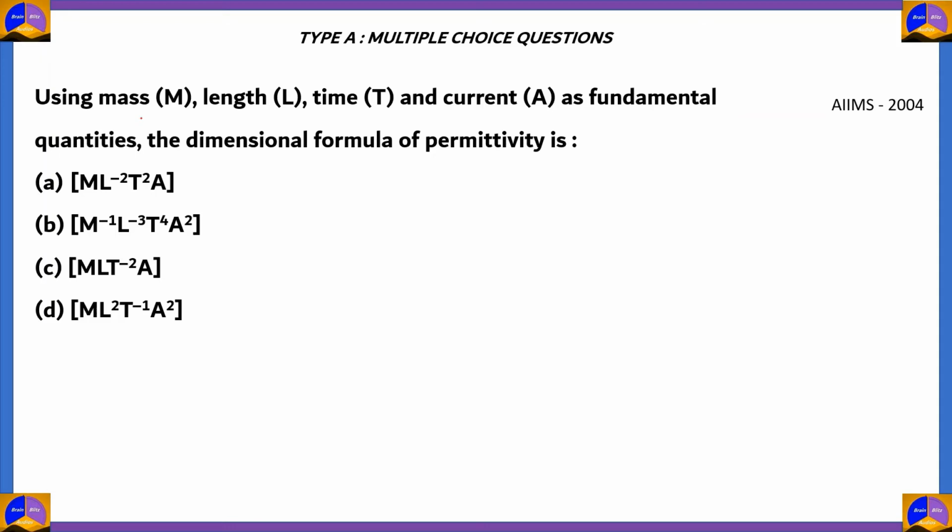It's a similar question, but this time we have to find the dimensional formula of permittivity. So the fundamental quantities are mass, length, time, and current. So we need to find permittivity in terms of mass, length, time, and current.